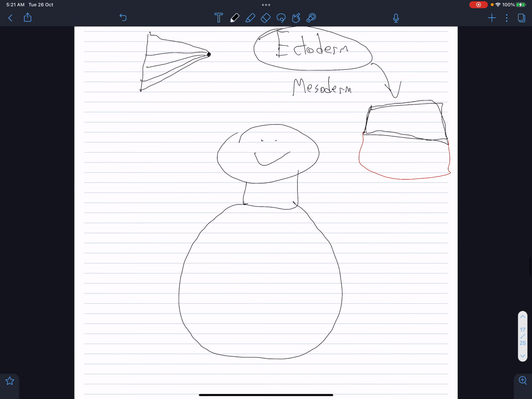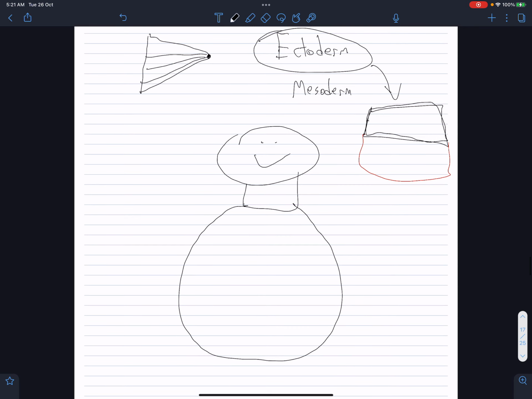So this thickened band of epidermis right here is going to be thickened, not just in width, but also in length. If we were to draw it, we would draw it as a line, a very thickened line, like right here. But we would have not one, but two lines of thickened epidermis that grow not only in width but also in length.